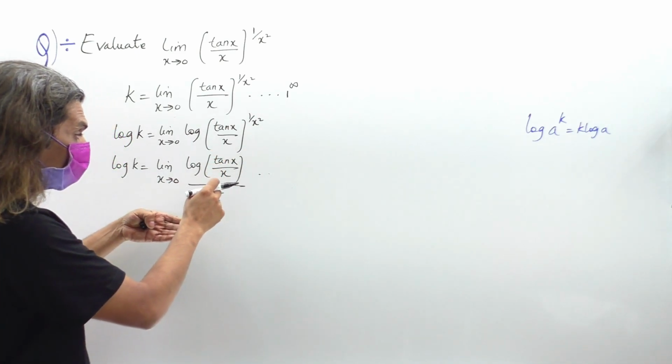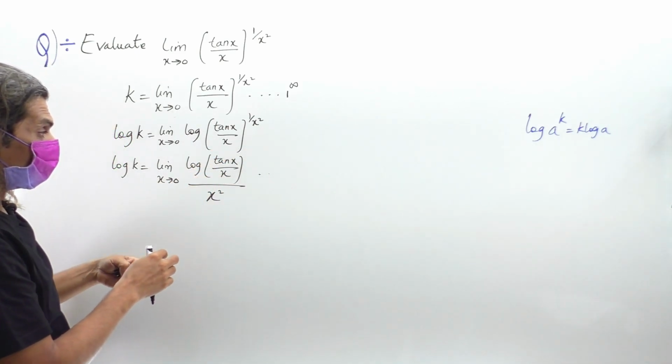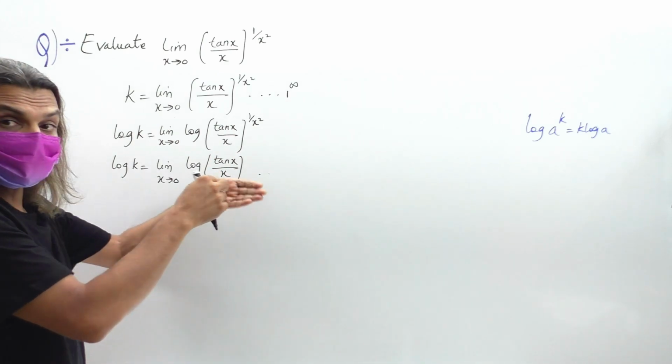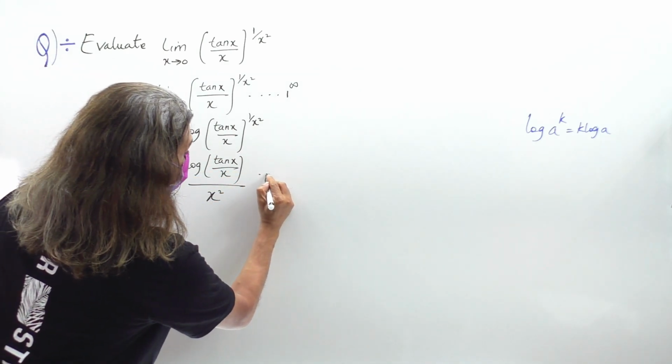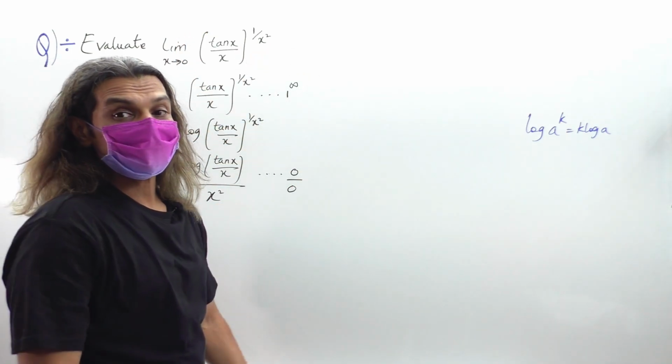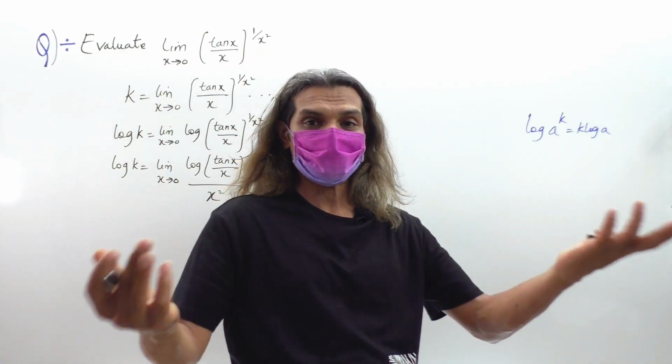When we apply 0 here, tan x by x is 0 by 0, which is 1, and log of 1 is 0. So it is 0 upon 0. That means I can apply the L'Hopital's rule here happily.